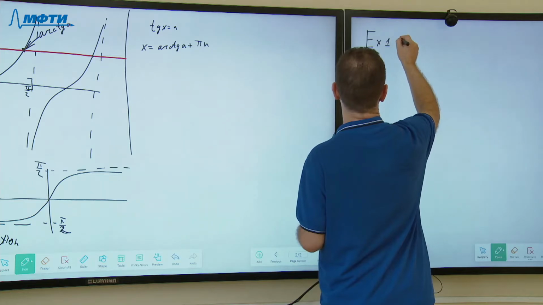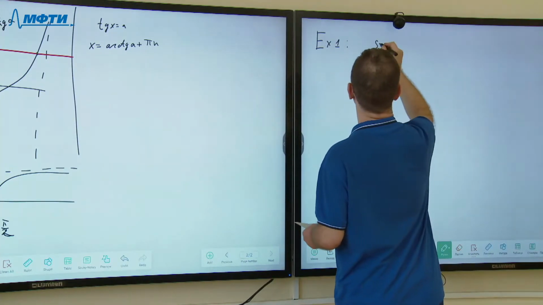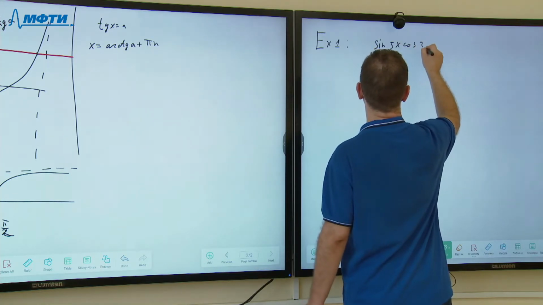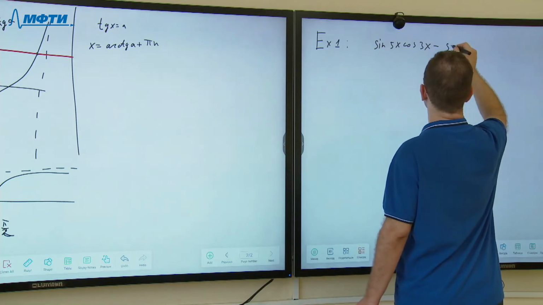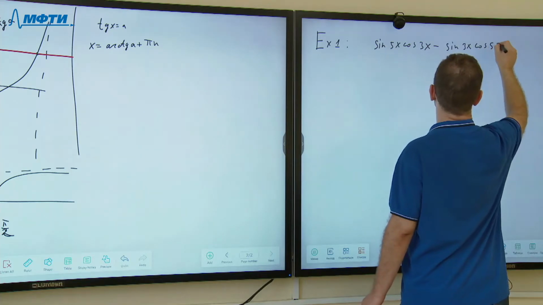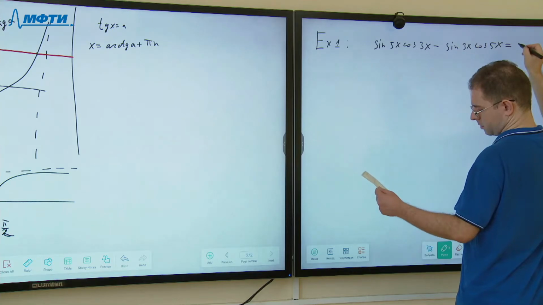Example 1. Sine 5x cosine x minus sine x cosine 5x equals 0.